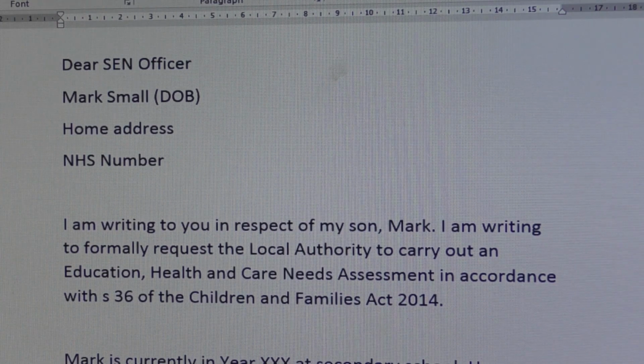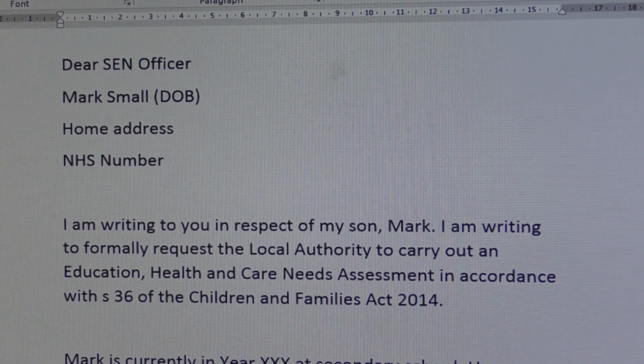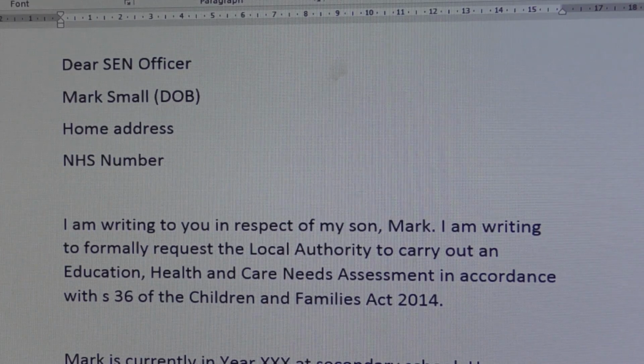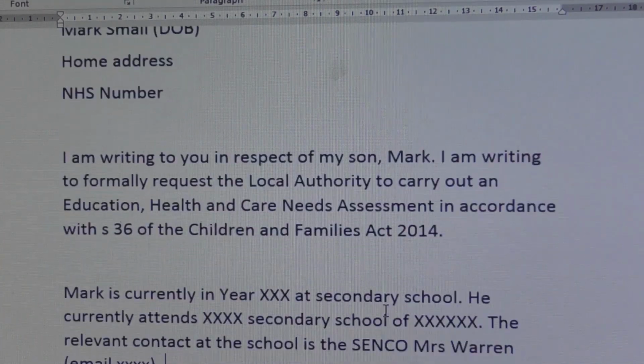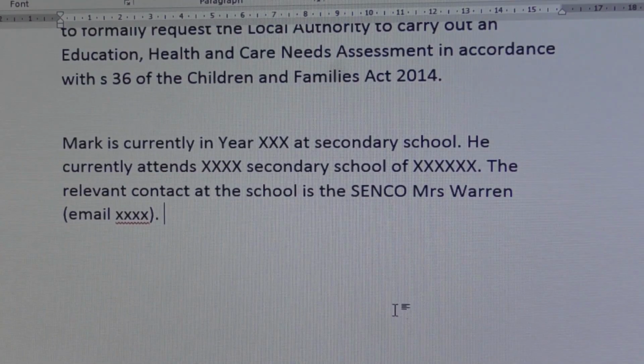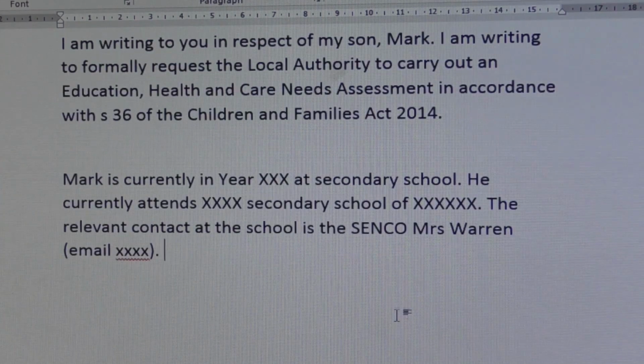Normally that's available. It's always advisable to discuss with schools that you're going to make a request for an assessment so that they know it's coming. But there you go. So in your letter, you're identifying that at the very beginning, which makes it, as I said, easier for the local authority to follow.